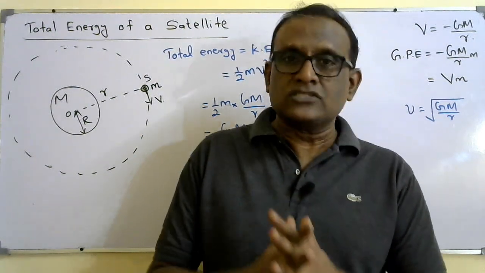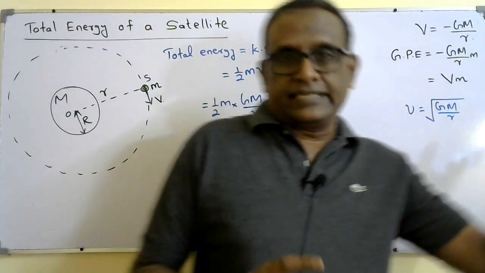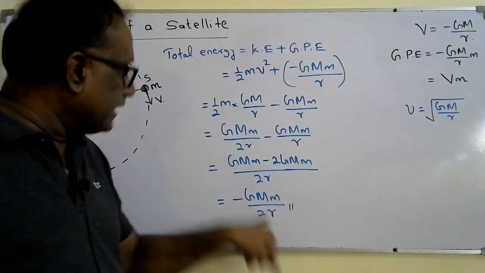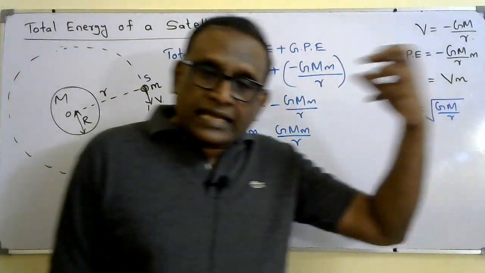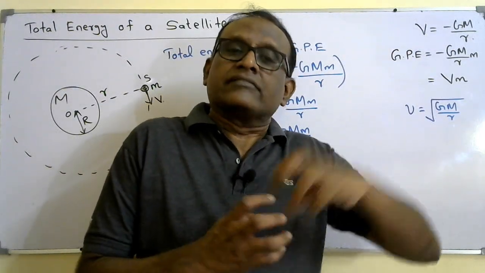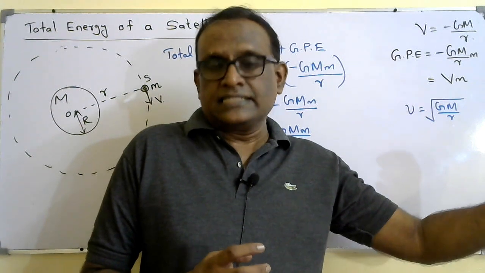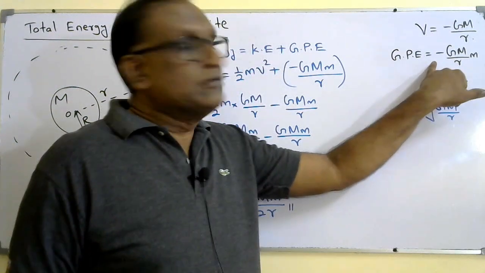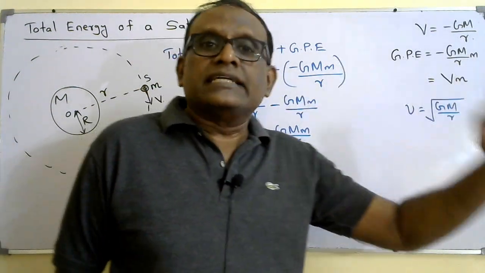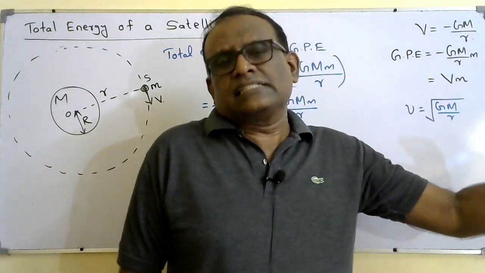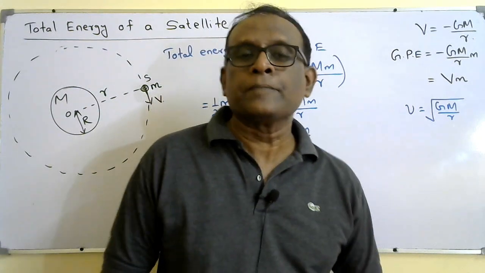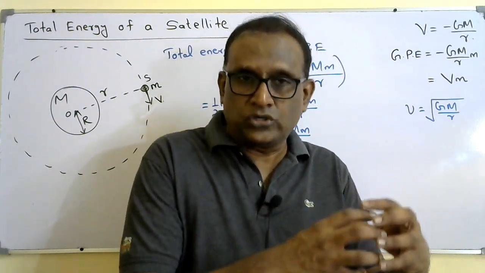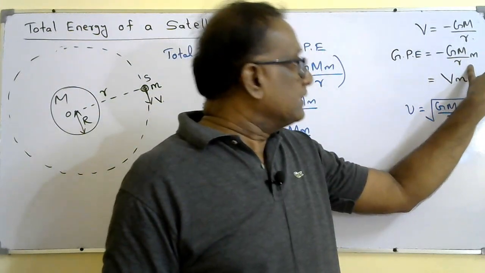The gravitational potential energy becomes 0, and if the satellite just reaches the infinite distance with the speed also becoming 0, the total energy will be equal to 0.